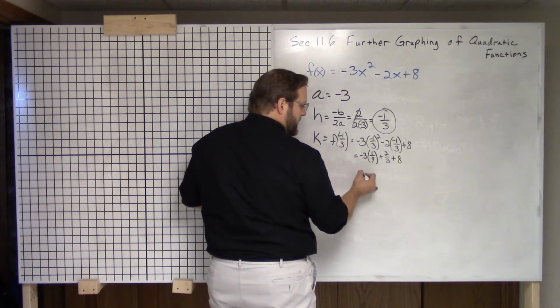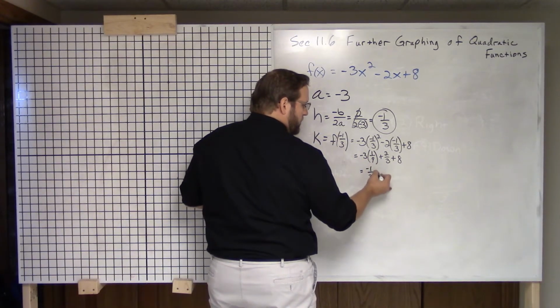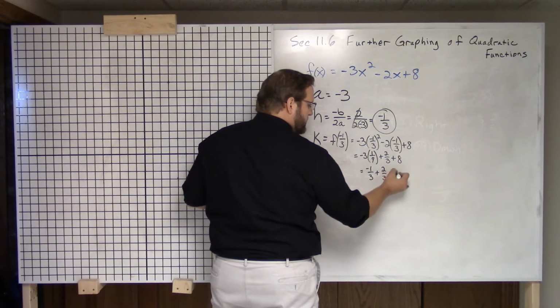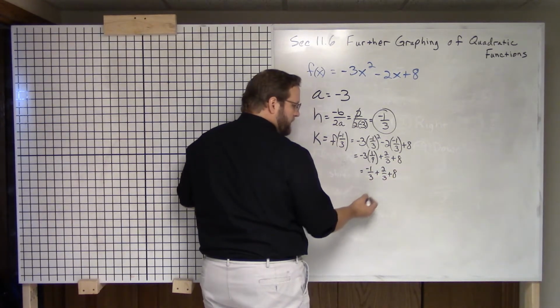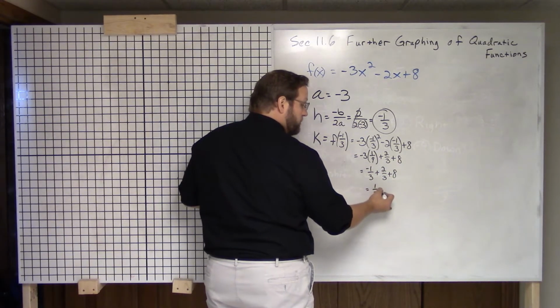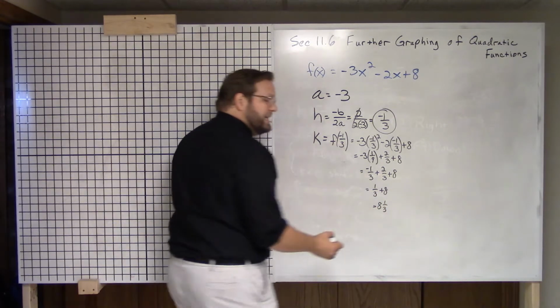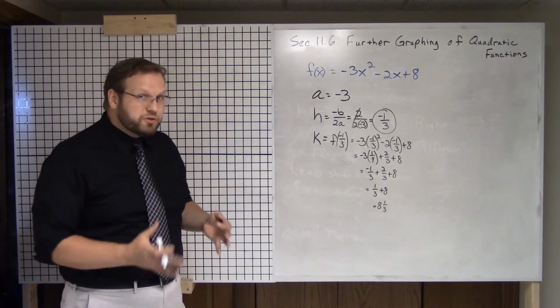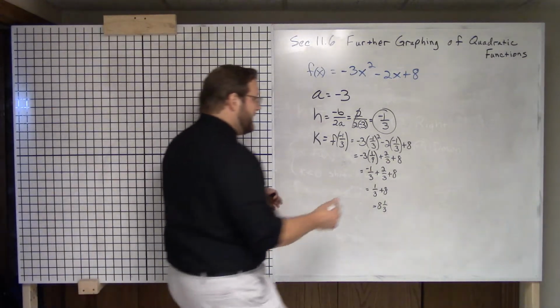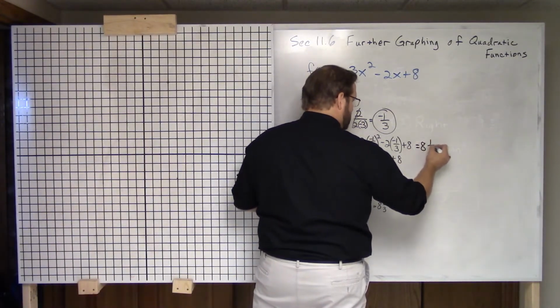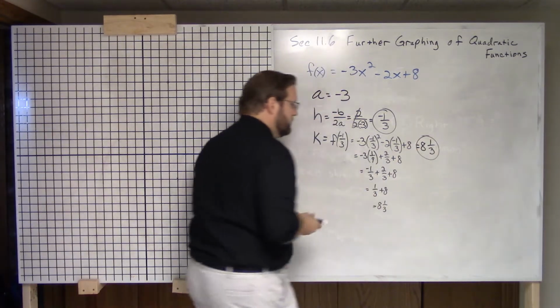This is going to be a negative 1/3 plus 2/3 plus 8. That's 1/3 plus 8, which is 8 and 1/3. Since we're graphing here, mixed numbers aren't a bad idea. Okay, so I have 8 and 1/3 for that.